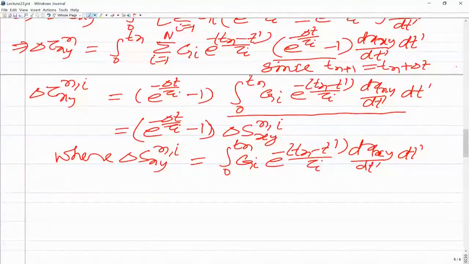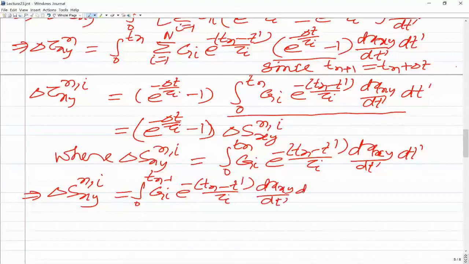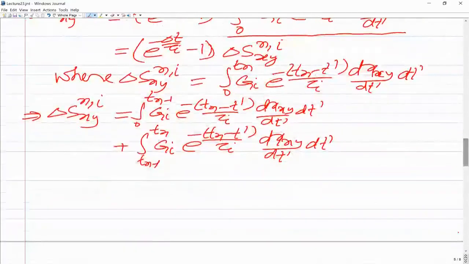So we can write this delta sxy n comma i as integration 0 to tn minus 1 of gi e to the power minus tn minus t dash upon tau i into d gamma xy by dt dash into dt dash, plus integration tn minus 1 to tn of gi e to the power minus tn minus t dash upon tau i, other things are same, d gamma xy by dt dash into dt dash. So you can write it like this.